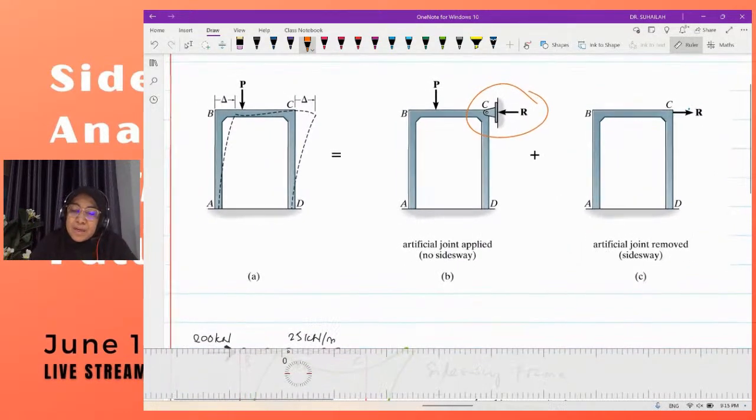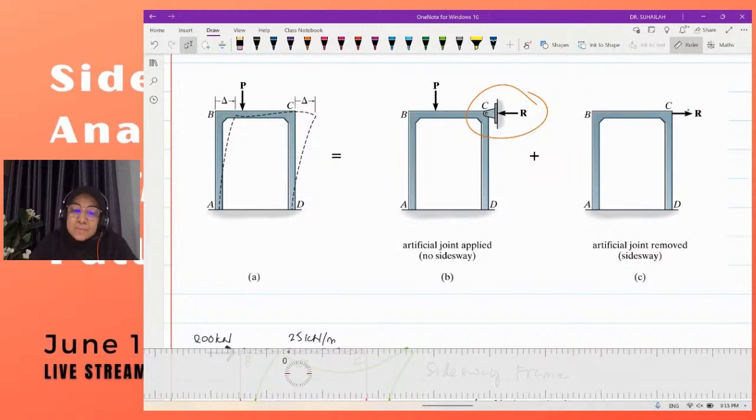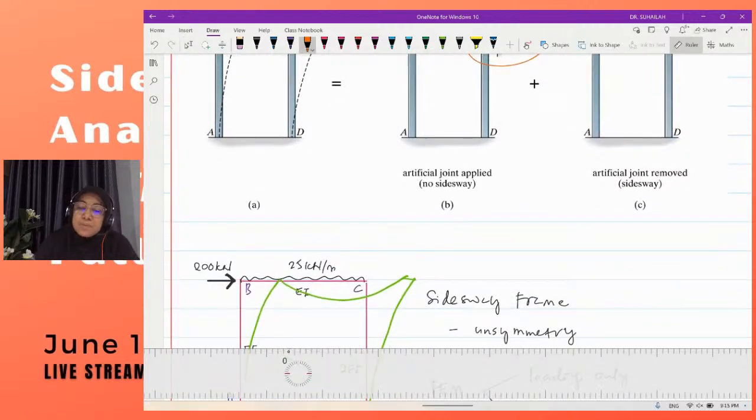By doing this, we actually change the frame to a properly restrained frame, or we can also call this a fully restrained frame.